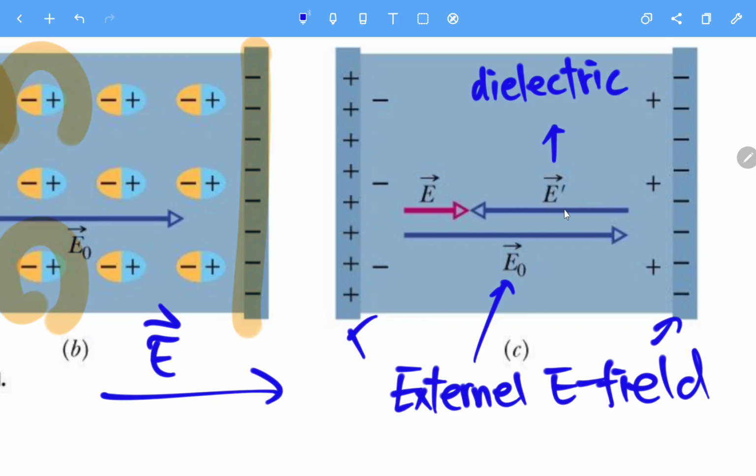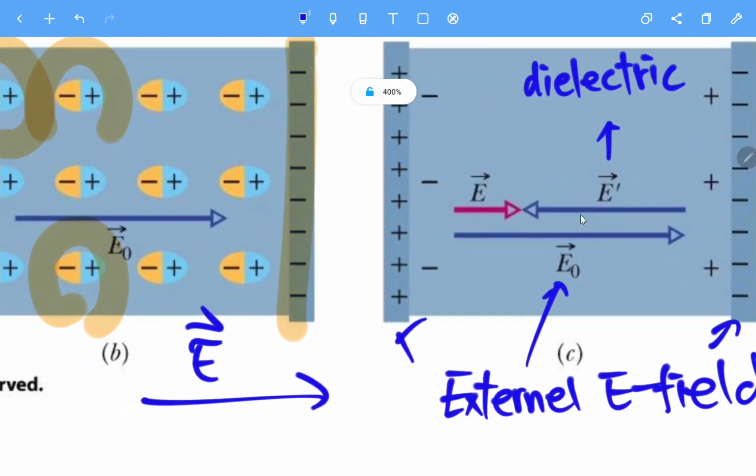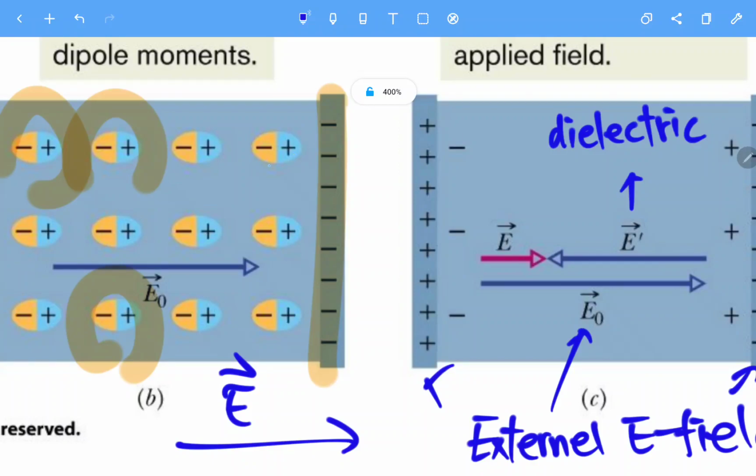So this will point in the opposite direction because it's just like this is a positive, this is a negative, so it just looks like a small capacitor. So all the E field generated by the dipoles will point to that side.